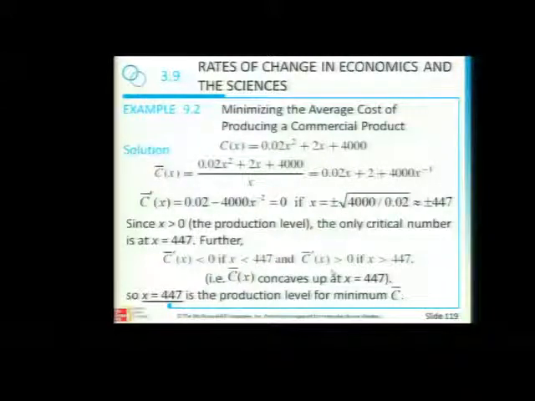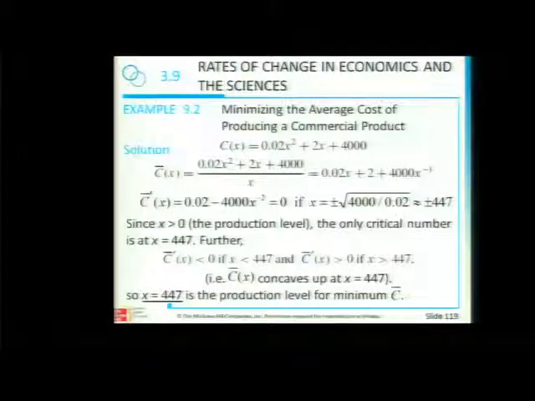If you look at that, when X is less than 447, you can see that C bar prime is negative. That means below this level, the function C bar is actually decreasing. That is the first derivative test we talked about yesterday.